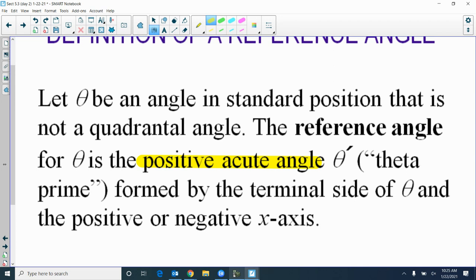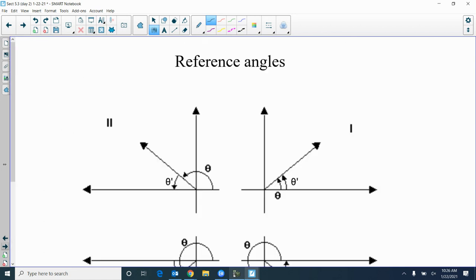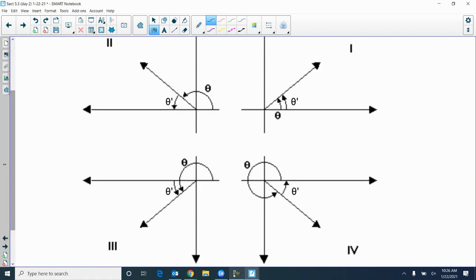And it's formed by the terminal side of the original angle and the positive or negative x-axis. That's probably the one thing, if you make a careless mistake, it's with that. I'll explain what that means. So here, all of these theta primes, if you take a look, have to be formed with the x-axis. You have to go to the x-axis. Don't go to the y-axis, always go to the x-axis.